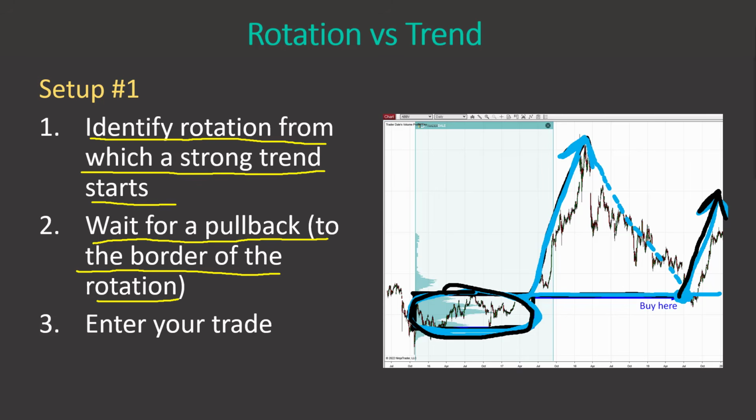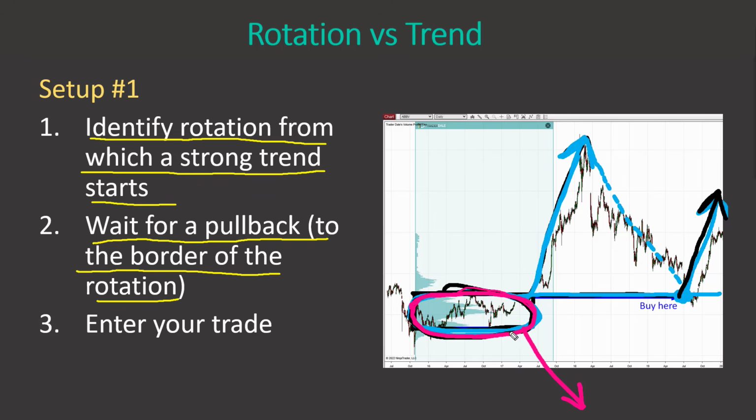Now, this is a long trade scenario. Let me show you what the short trade scenario would be. Short trade scenario would be if there was a rotation like this, but from that rotation, there would be a downtrend. If there was a downtrend, that would tell us that strong sellers were accumulating shorts in here, right?